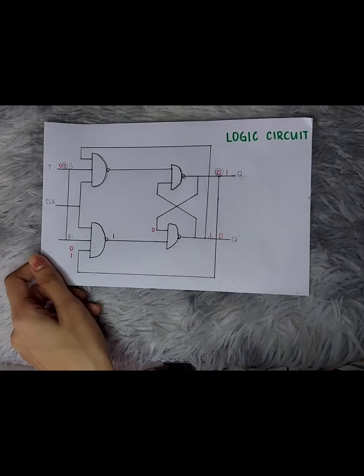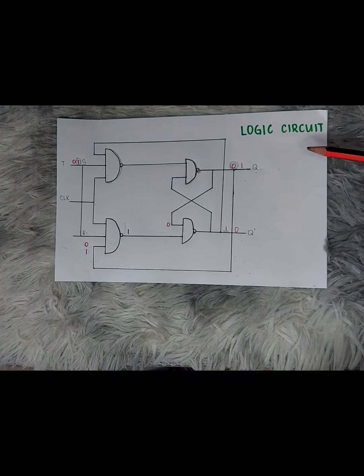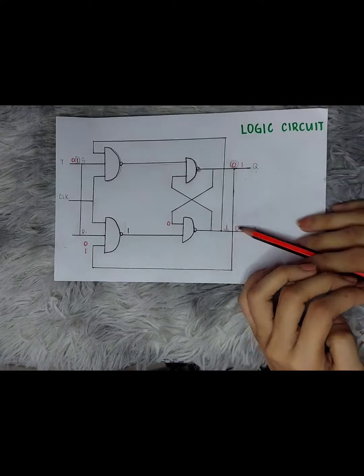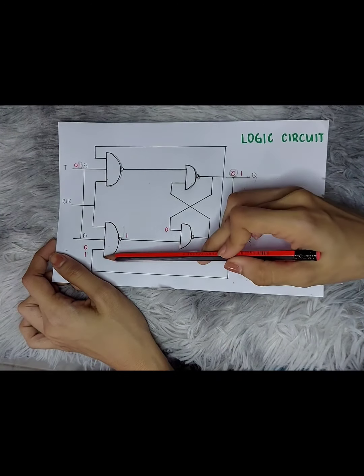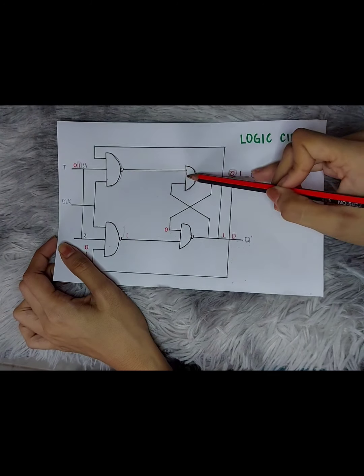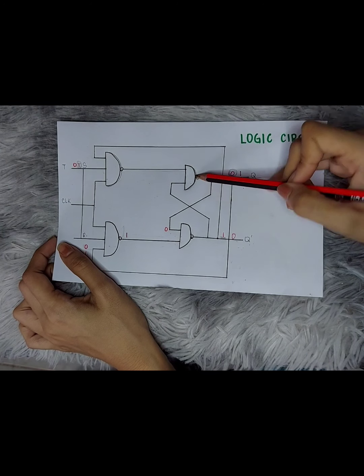Let's now move on to the logic circuit of a T flip-flop. The logic circuit of a T flip-flop is composed of 4 NAND gates. Here we have the two 3-input NAND gates, and here we have the 2-input NAND gates.